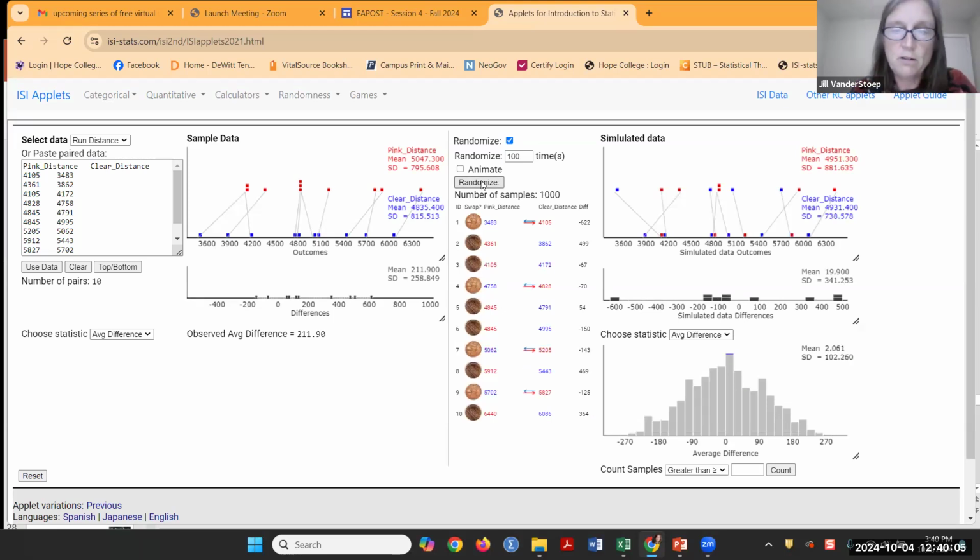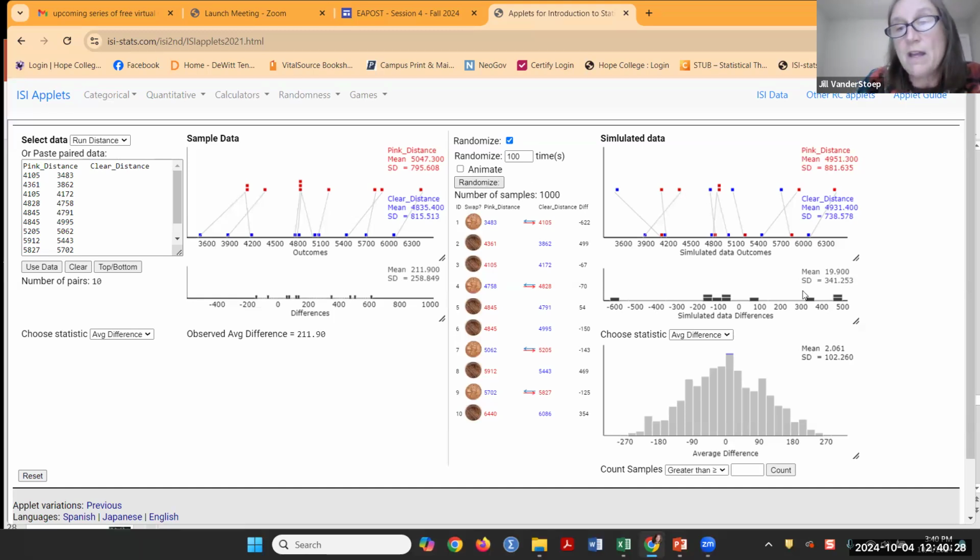And that's a pretty long run. So that's going to give us a pretty good idea of the kinds of statistics we could expect to see just by random chance. So randomly assigning that pink solution on a great day or not a great day, what could we see in those averages of difference scores?